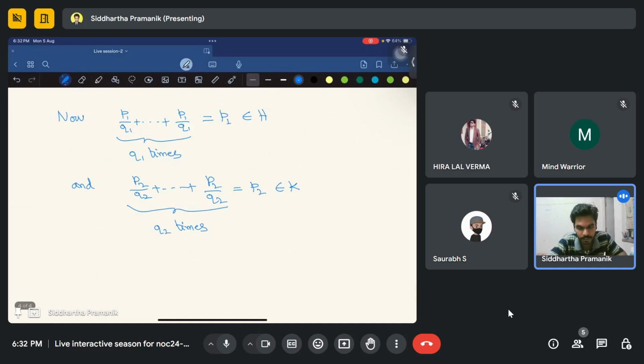So we have two integers. One is p1 belonging to H and the other is p2 belonging to K.